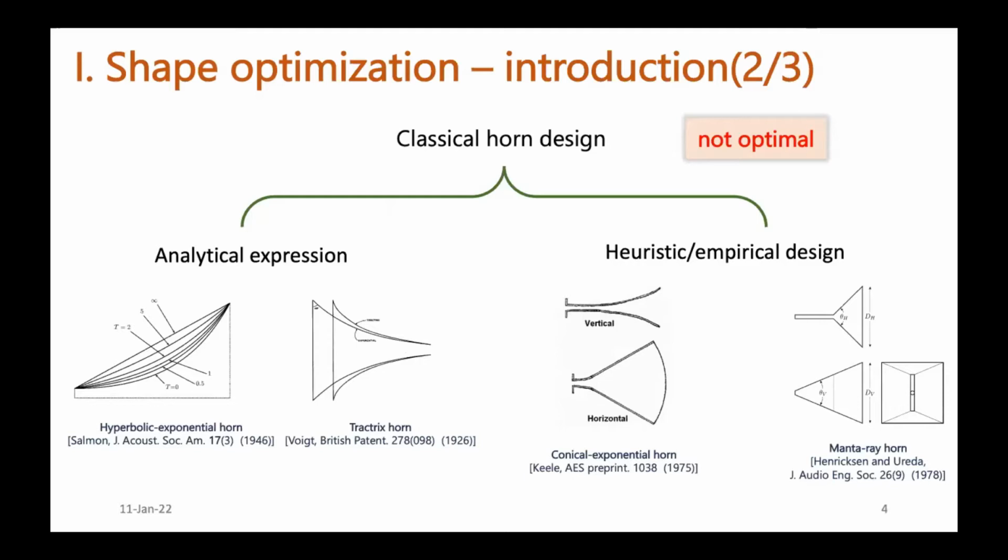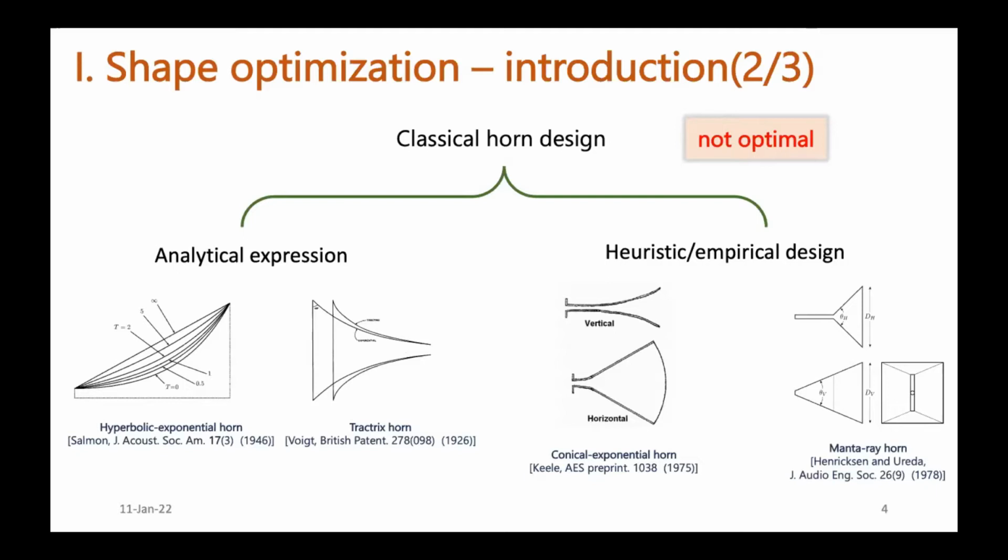And classical horn design includes these two aspects. The first is some analytical expressions, and it can be derived from analytical solutions to the one-dimensional Webster horn equation.